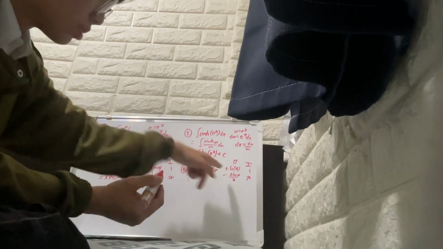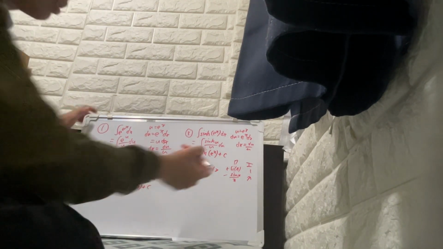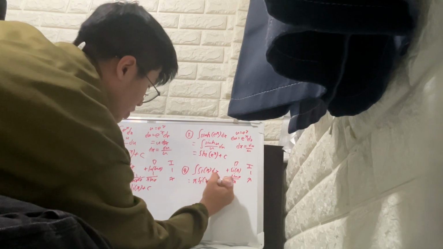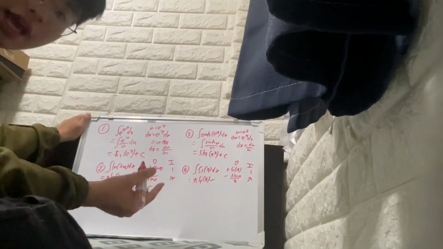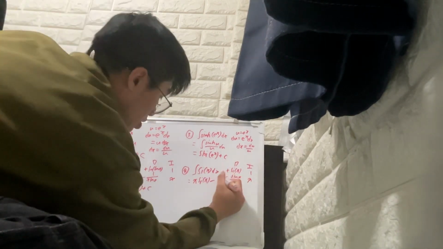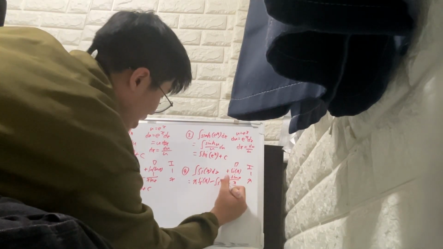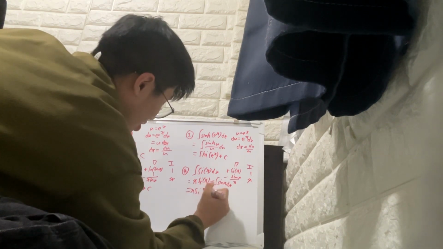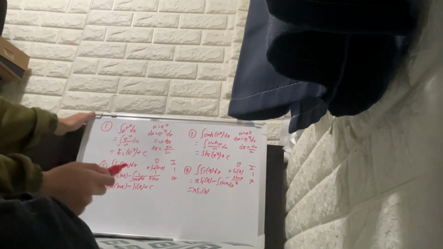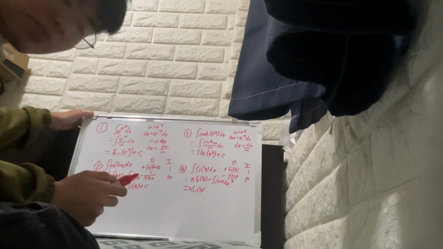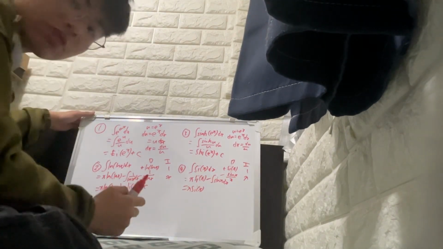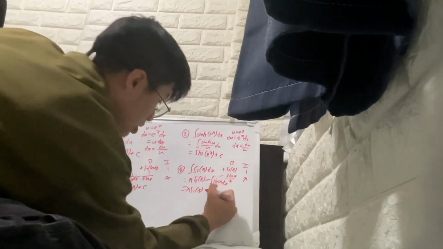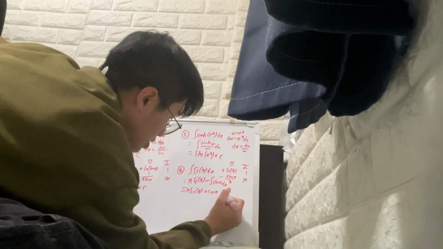So this time you get x times si of x, and then minus x and x, they cancel each other out, so you get sine x. And then the integral of sine x is negative cosine x. So negative and negative, they become positive. So this is plus cosine x plus c.